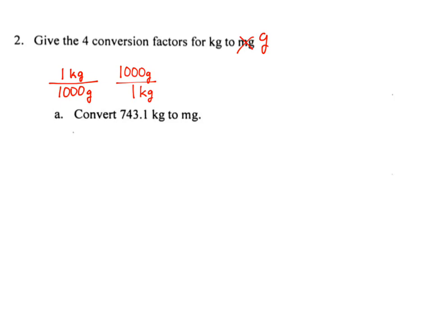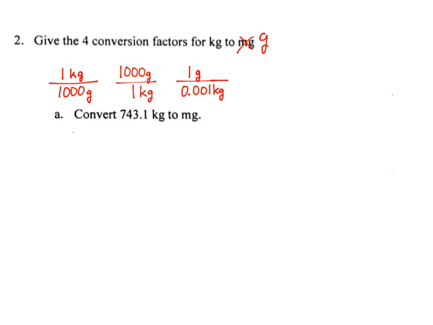Now we can manipulate the numbers here a little bit so that we are showing the relationship between 1 gram and kilograms. So 1 gram would be equal to 0.001 kilograms. That's 1/1000th of a kilogram.